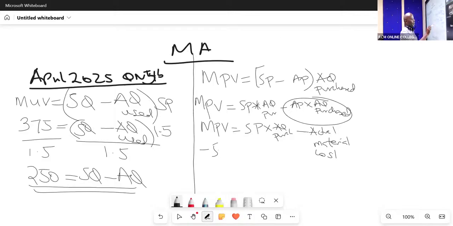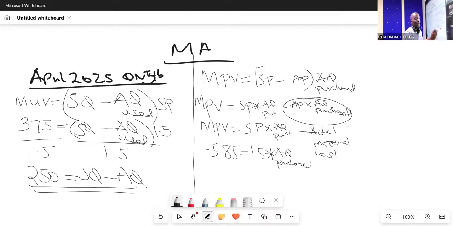Minus 585 equals SP. I know the value of SP. You gave me this as 1.5, isn't it? Times actual quantity purchased, which I do not know. I can't get it, so I'll simply leave this as AQ purchased.